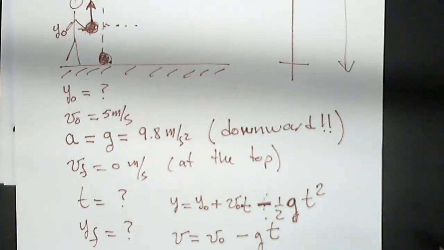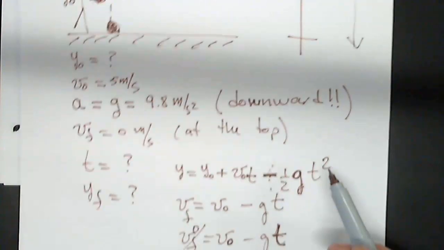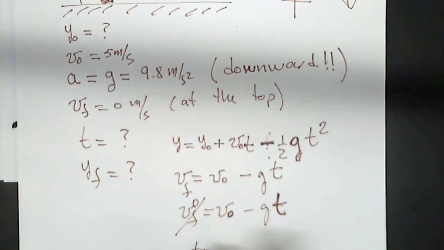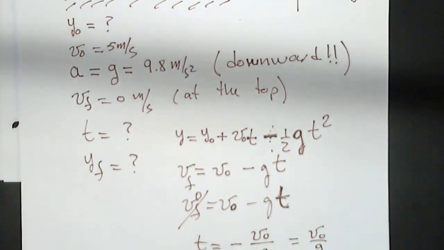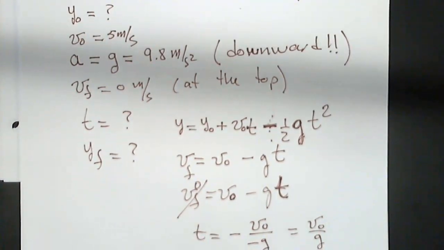And we know that at the top, the final velocity is 0. So I'm going to rewrite this bottom equation over here, and I'm going to make the final velocity 0. The initial velocity is given, 5 meters per second, and look, we can find how long it takes to go up. If we solve for t, it is minus v naught divided by minus g, or v naught over g. So let's calculate how long it takes to go up.